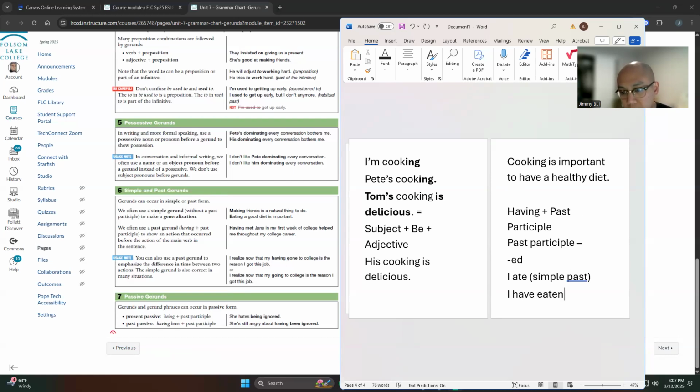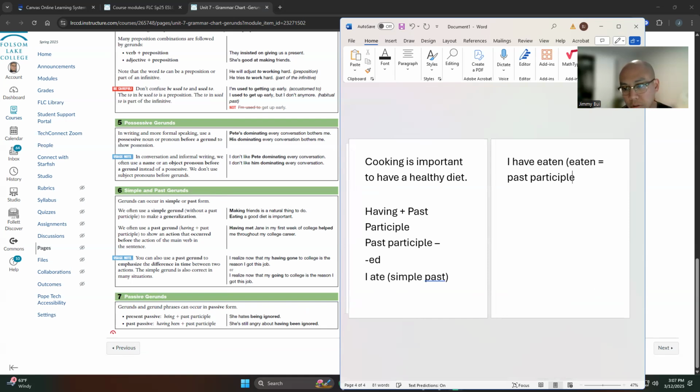I have eaten is going to be present perfect, right? But eaten is going to be your past participle. So for irregular verbs, the past participle is different from the past tense. And just to give you an example, right? So having cooked dinner helped me save money, right?